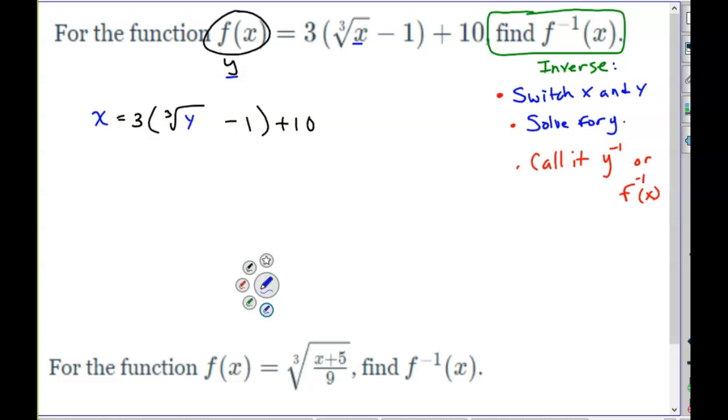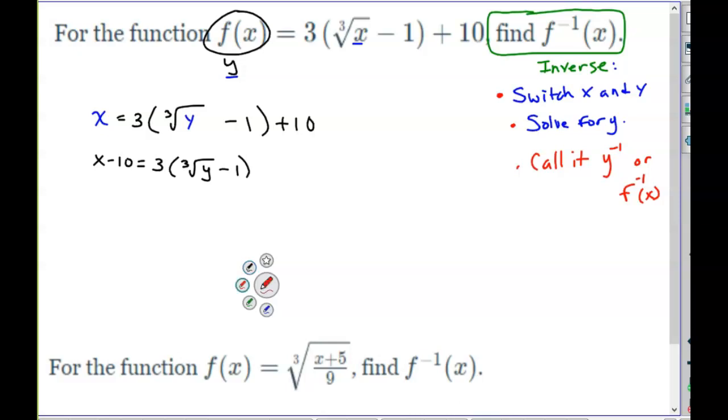Now we're going to use whatever algebra we need to solve for y. So the 10 has to come over. We're doing it backwards of PEMDAS. So instead of multiply, divide, add, subtract, we go backwards. Add or subtract first. So in this case, this plus 10 is going to come over here as a minus 10. You don't have to show this stuff, but move the 10 over with subtraction.